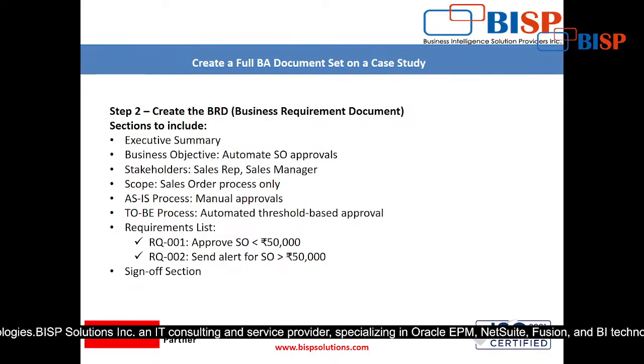Sign off section means, see, when you work on a project, you have to think on your own. In this sign off section you have to write down all the stakeholder names. Kindly put your signature here also. The reason is that many times, suppose there are 4 stakeholders.